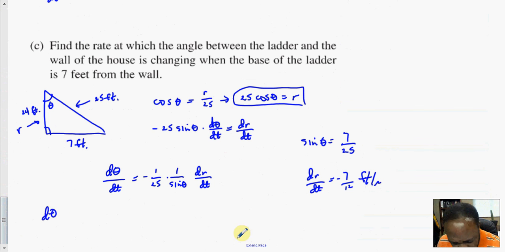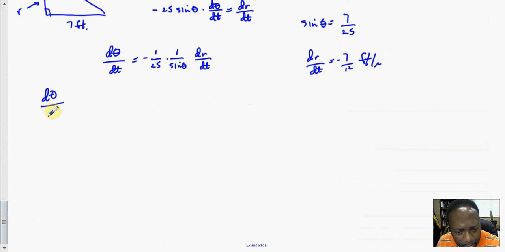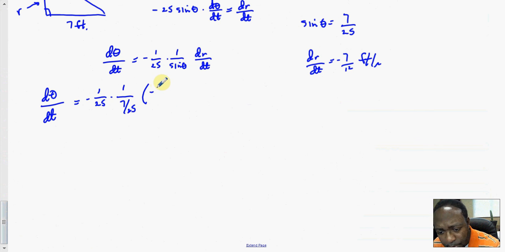So the d theta over the dt is negative 1 over 25 times 1 over the sine, so that's 7 over 25, times this dr over dt, negative 7 over 12. And so the 7's cancel out, the negatives cancel out, the 25's cancel out, and you have left 1 over 12.